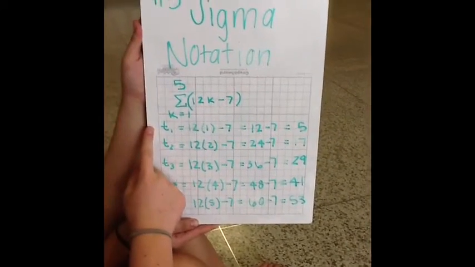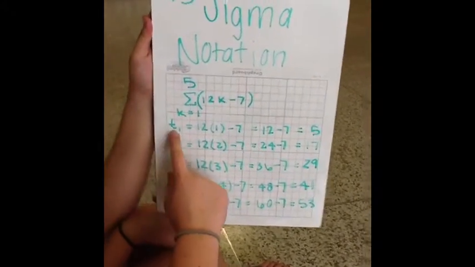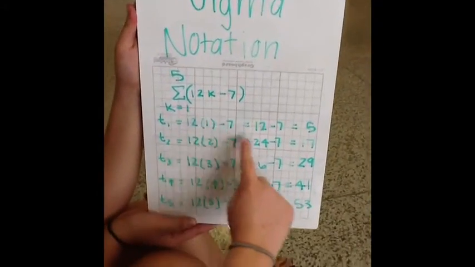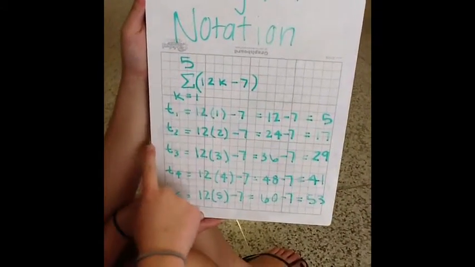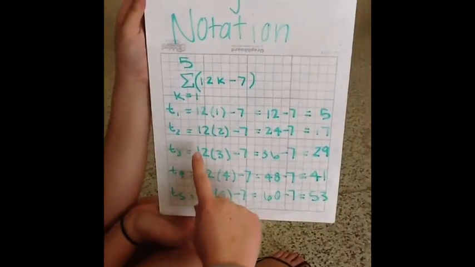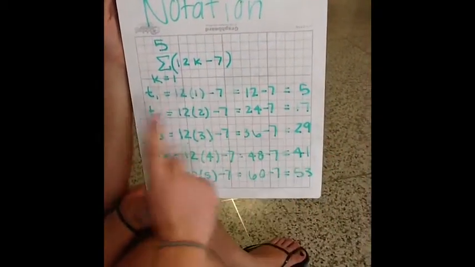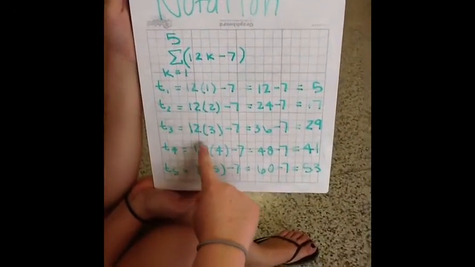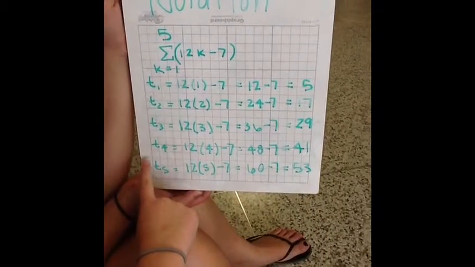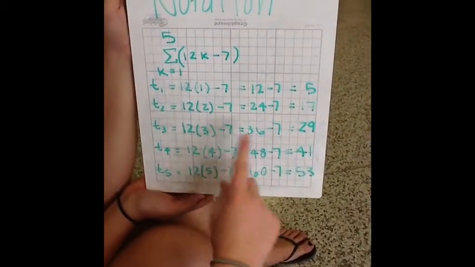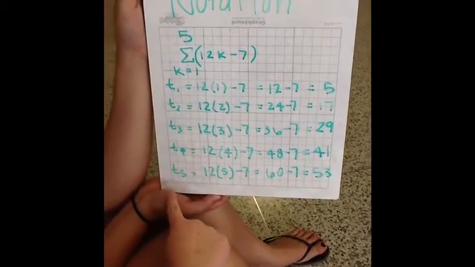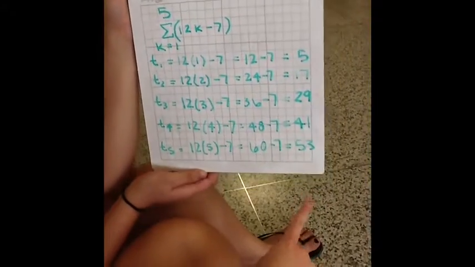For the first term, you substitute in 1 for k, and you get 5. For the second term, you substitute in 2 for k, and you get 17. For term 3, substitute 3, you get 29. For the fourth term, substitute 4, you get 41. For the fifth term, you substitute 5, and you get 53. And so on and so on.